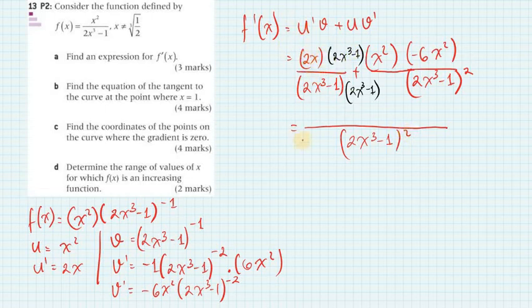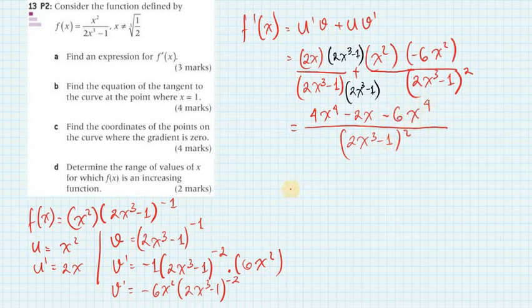Now we can calculate: 2x times 2x to the power of 3 gives 4x to the power of 4. 2x times negative 1 gives negative 2x. Then x squared times negative 6x squared gives negative 6x to the power of 4.